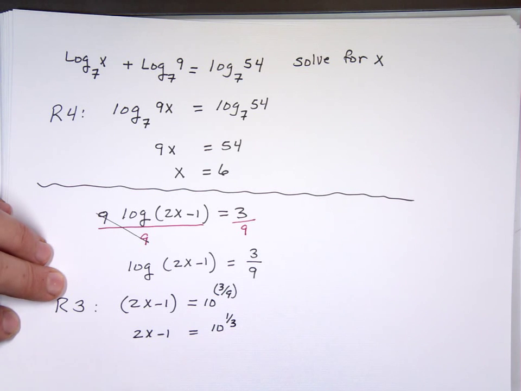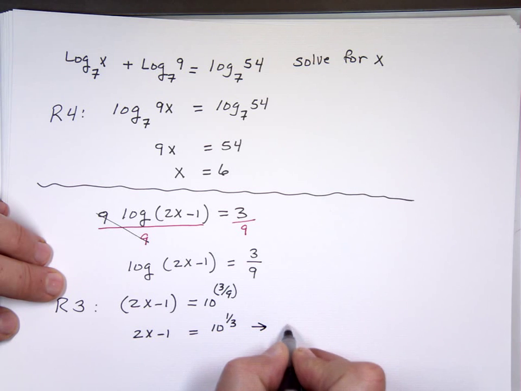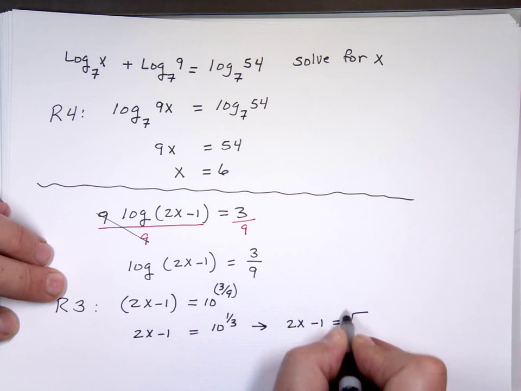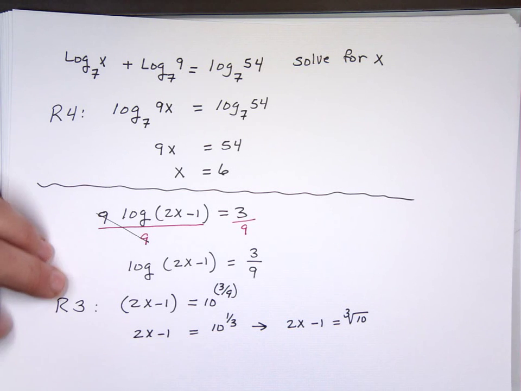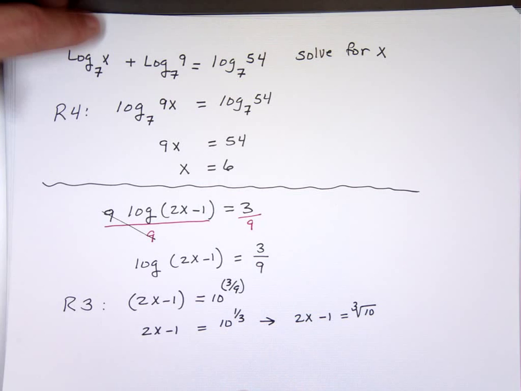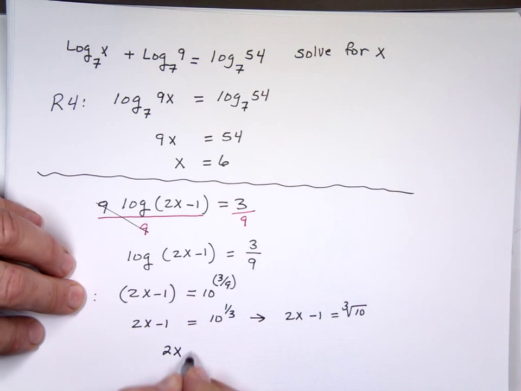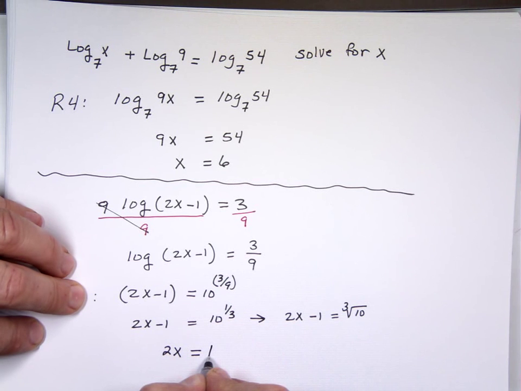What's 10 to the 1/3? Isn't that the cube root? That's the cube root of 10. And now if you want to solve for x, don't we add 1 to both sides? 1 plus the cube root of 10, because you've got to add 1 to both sides.